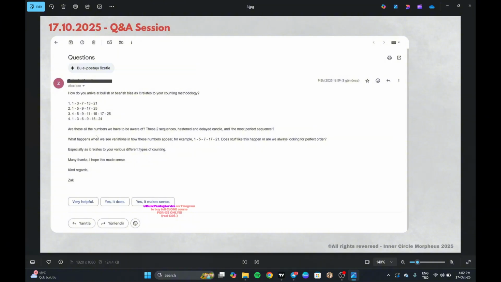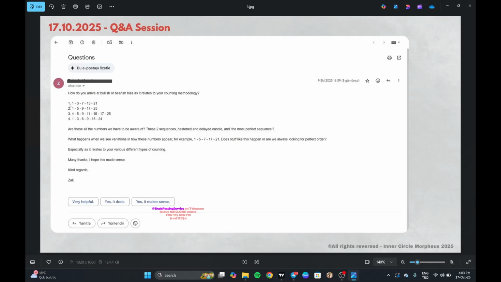As I start to teach in more detail in the next month or so, then we can start doing some things with these sequences, the third one and fourth one. So please focus on the first and second sequences I've already taught you about. So let's read this question. Are these all the numbers we have to be aware of?